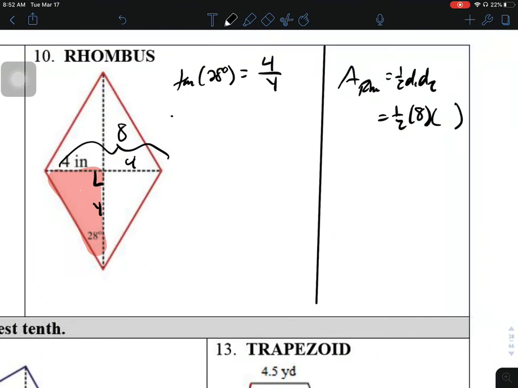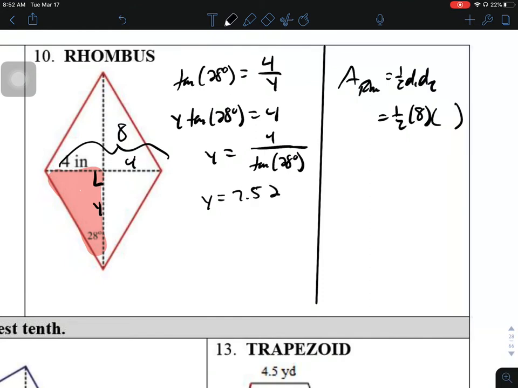And if we multiply both sides by y, and then divide both sides by tangent of 28, put that in your calculator, you're going to get that that y value is about 7.52. That's just part of the diagonal. To find the whole thing, we're going to have to double that. So that's 15.04.